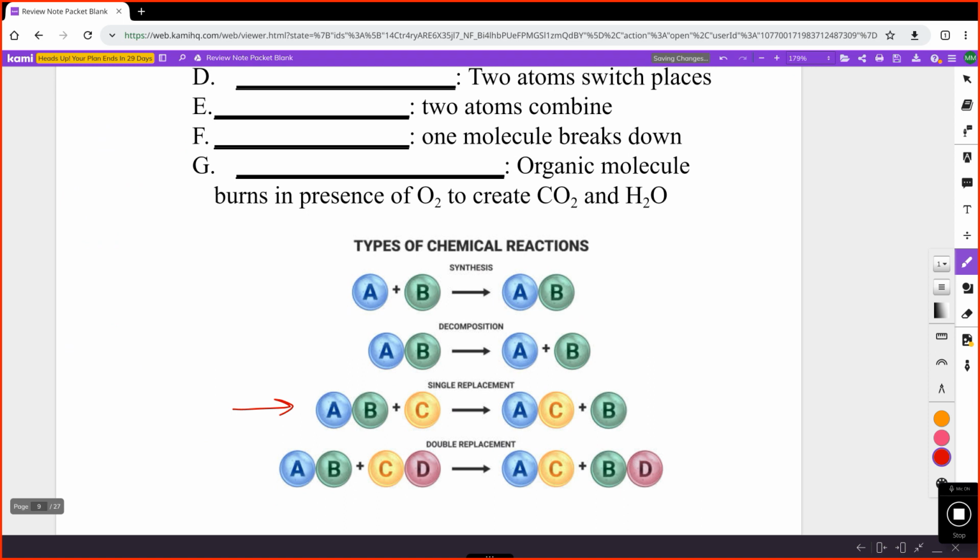And what we see is A and B are in a bond together. C is by itself. As the reaction takes place, there is a single swapping occurring where C is going to enter into the bond where B was and kick B out into the curb. And that's exactly how this product is created, by singly replacing one atom.